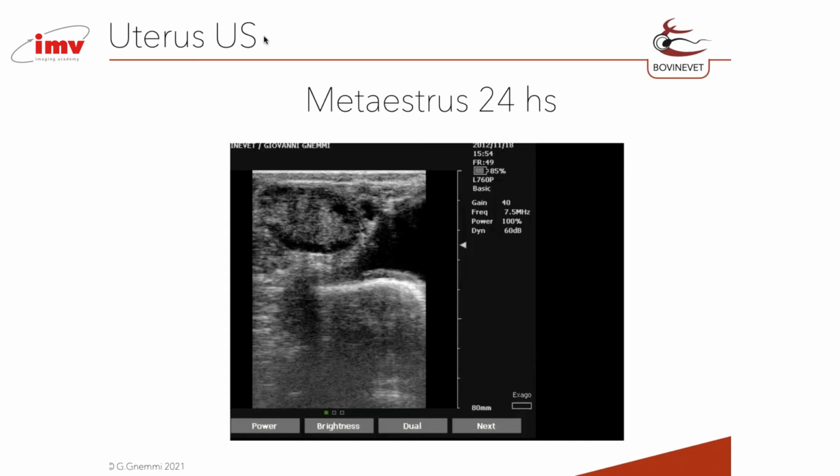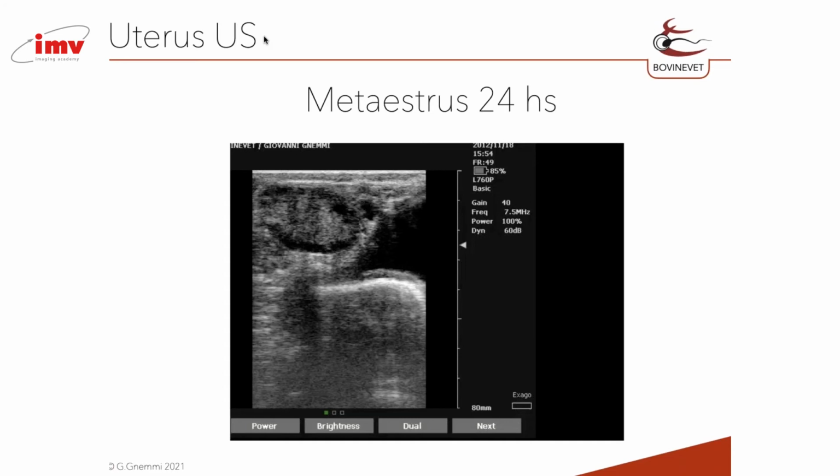This means that we have contraction of the myometrium, a thicker vascular tonica, a thicker endometrium, and we have fluid inside the uterus. In particular, the shape of the lumen of the uterus is a star image or a Christmas tree image.